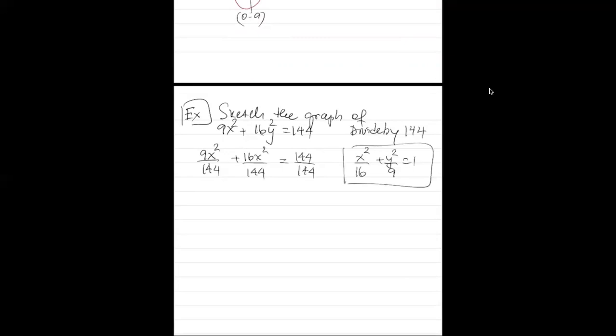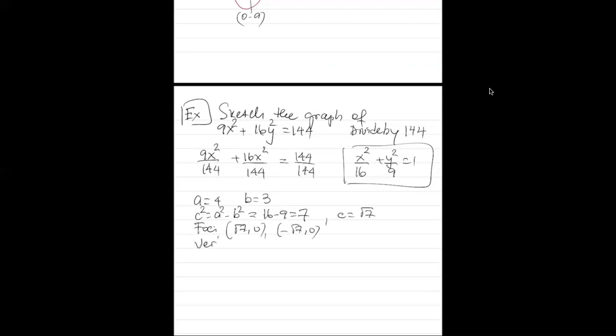Now that looks like the equation of an ellipse, and we can determine a is 4 and b is 3. C squared is equal to a squared minus b squared, and that is 16 minus 9, 7. So c is equal to square root of 7, and the foci are (square root of 7, 0) and (negative square root of 7, 0).